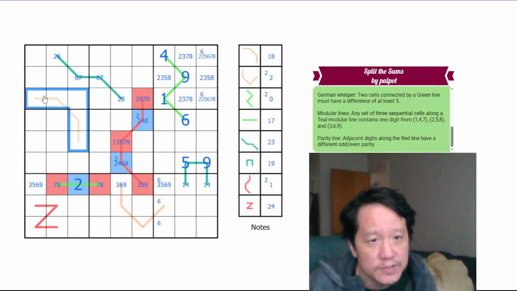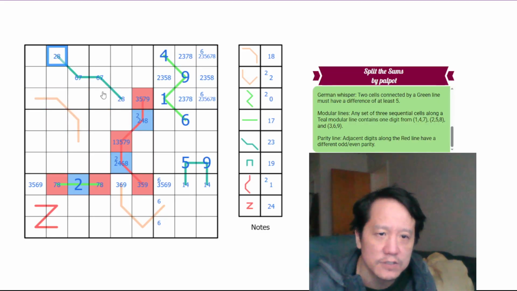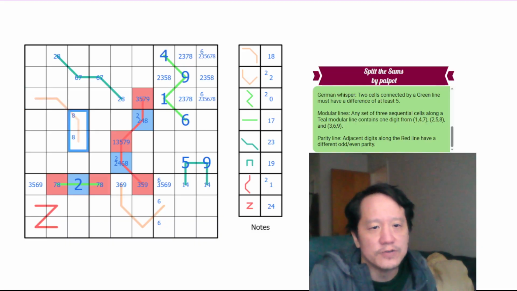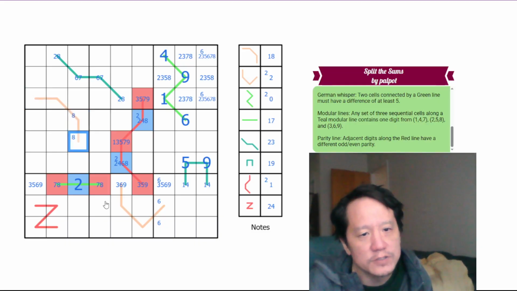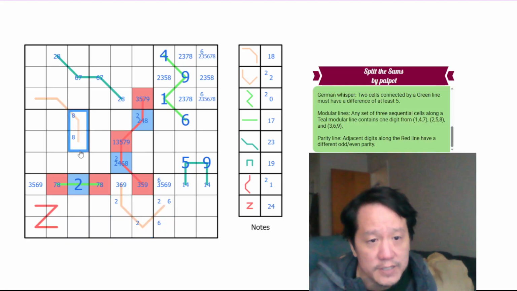Therefore, one of these has to have a 2 or 8. It must have an 8 here then. So this can't be 2 or 8 because these are 2 different digits. And they're 2 and 8. So that then they both see these cells. So 8 has to be one of these 2. Which means 2 has to be somewhere along this entropy line. So we have a guaranteed 2 there. We have a guaranteed 8 here.